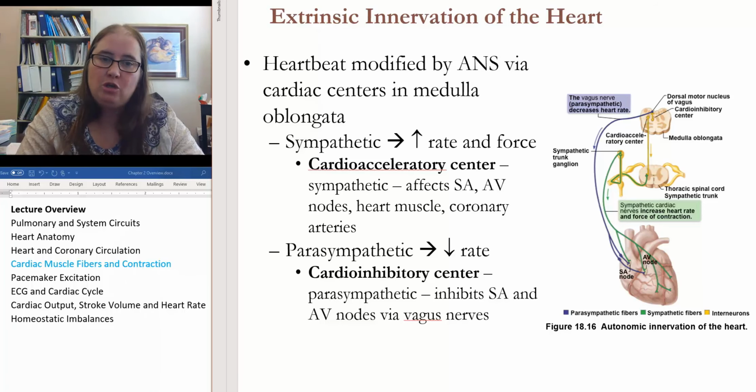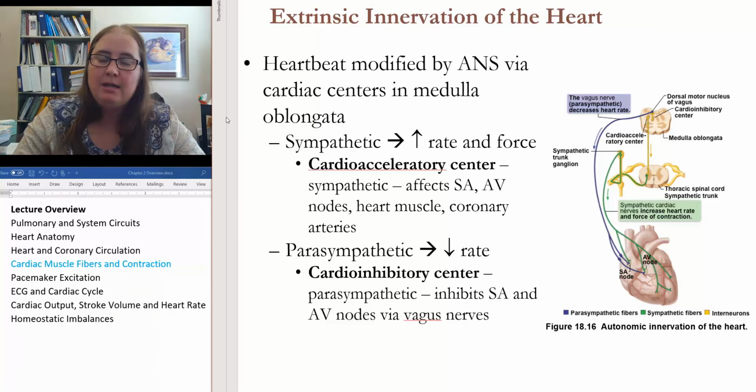If we activate the sympathetic nervous system, fight or flight, we increase heart rate and we increase force of contraction of the heart muscle. That is because we've activated the cardioacceleratory center in our medulla oblongata. This is going to affect, for example, our SA node, our AV node, our heart muscle, and our coronary arteries. So that cardioacceleratory center via the sympathetic nervous system has a significant effect.